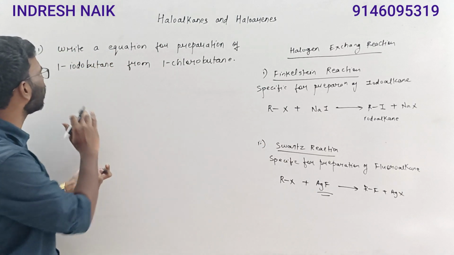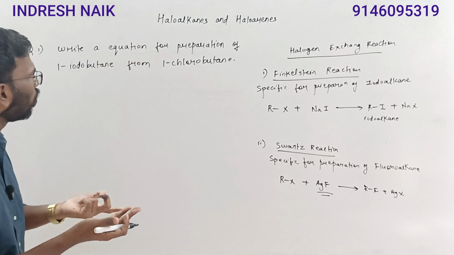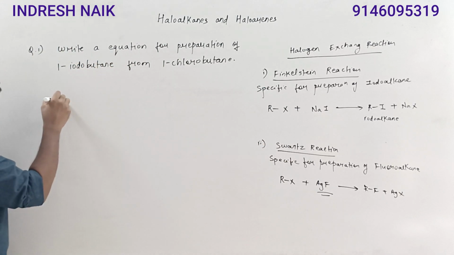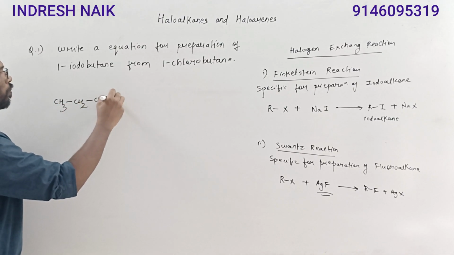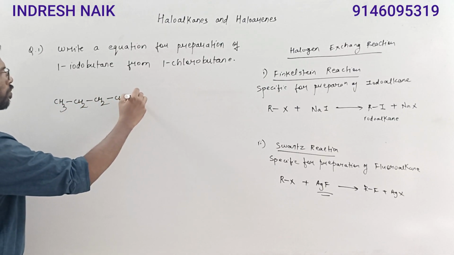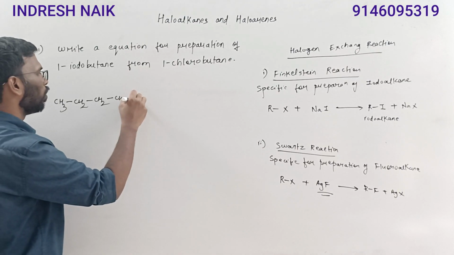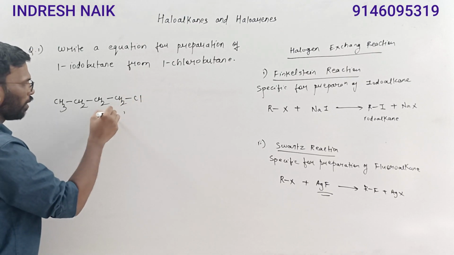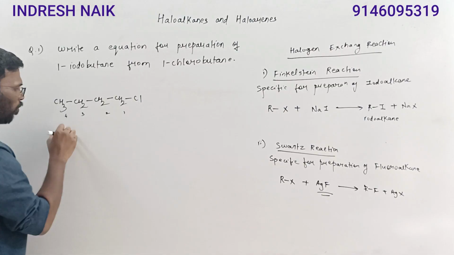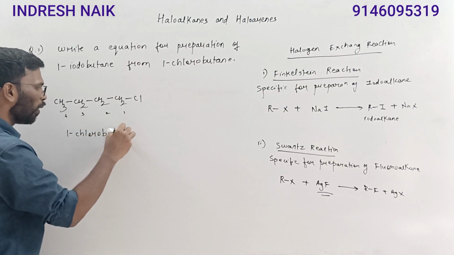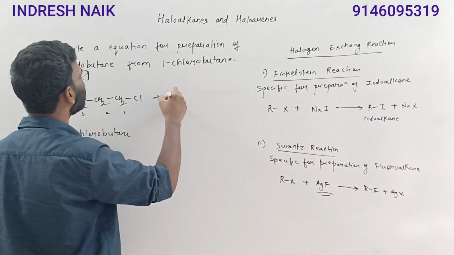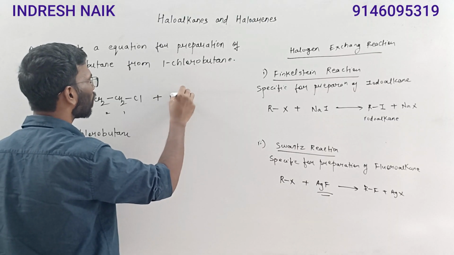But they have asked about iodobutane from a chlorobutane. Means the reaction will be this way. It is very simple. You write a chlorobutane, CH3, CH2, CH2, CH2Cl. The name of this is 1, 2, 3, 4, so the name of this is 1 chlorobutane, right? You react this with sodium iodide.